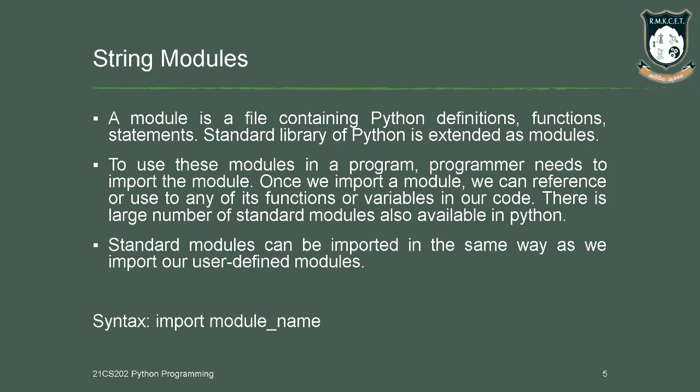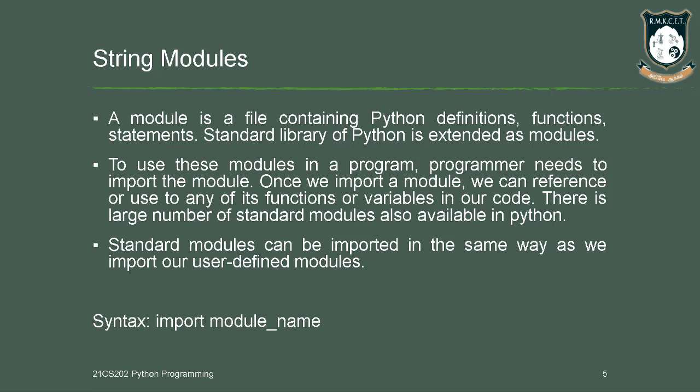If you want to use one Python program file in another Python program file, then you can import that particular file, or that particular module. To import that module, we need to use the keyword import, followed by the file name or the module name.